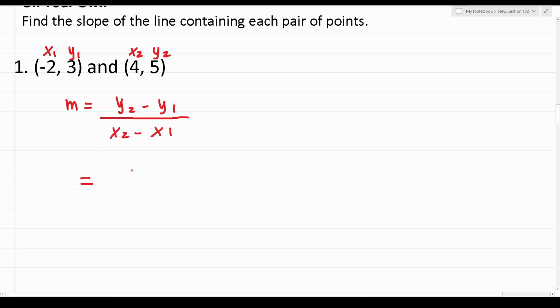Again, y2 is right here, it's 5, so this becomes 5 minus y1, it's right here, it's 3, over x2, x2 is right there, it's 4, minus x1, it's right there, it's negative 2, so that's minus negative 2.